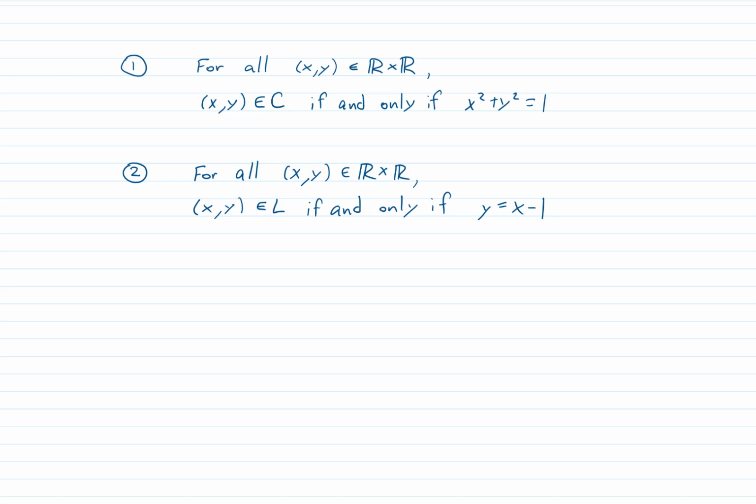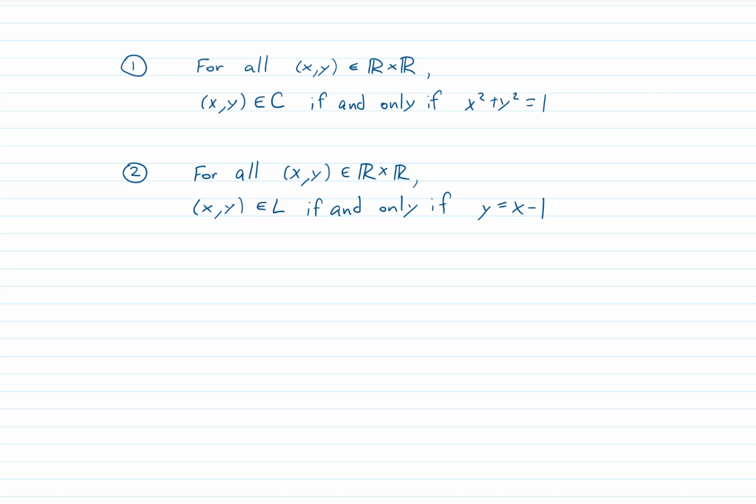Can you tell why I called that relation L? Because that's the equation of a line. Okay? Now, let's look at both of those. And let's decide if they're functions or not.